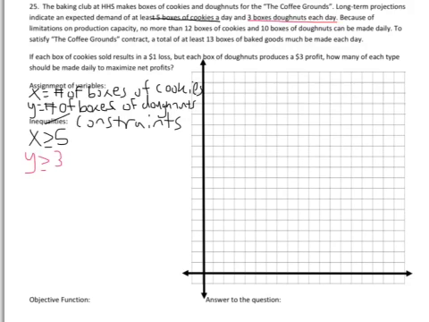If no more than 12 boxes of cookies can be made, that means X has to be less than or equal to 12, because X is the number of boxes of cookies, and we can't make any more than 12. And then the next one is going to be our Y. Y has to be less than or equal to 10, because that's how many boxes of donuts we can make.